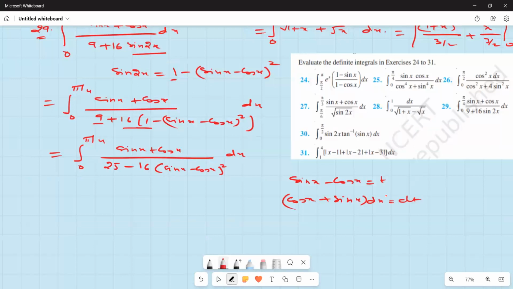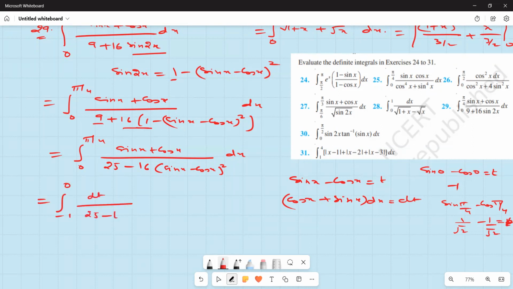If I take x as 0, sin 0 minus cos 0 is minus 1, so t will be minus 1. And when x is pi by 4, t is 0. Why? Because sin pi by 4 is 1 by root 2 and cos pi by 4 is 1 by root 2, so 1 by root 2 minus 1 by root 2 is 0. So this is minus 1 to 0 dt upon 25 minus 16 t square.